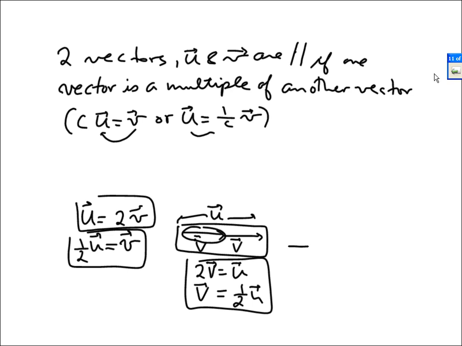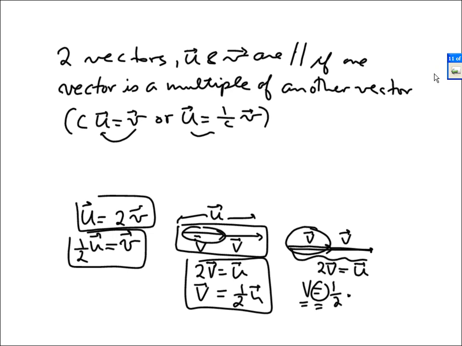If u is this part plus this part, and they're both v, you can call this whole thing 2v, or you can call it u. That is, those two are equal. This whole thing is u, and that's exactly half. v is exactly half of, and of means times, u. v is half of u. Okay.